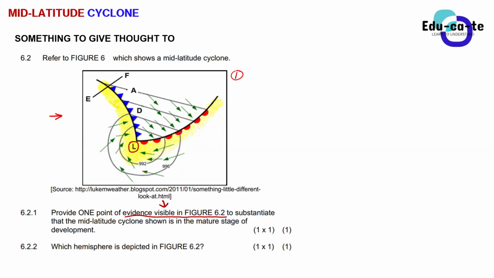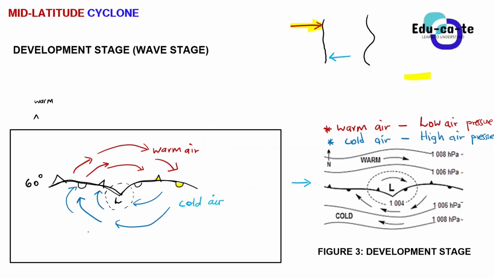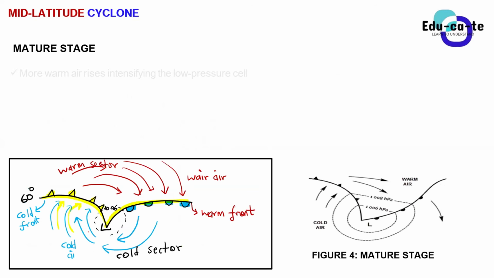In this case, they say to substantiate that the mid-latitude cyclone shown is in the mature stage of its development. There are many points, guys, I think up to five points that we said about the mature stage. Good, you remember some of those things: there is more warm air rising, intensifying the low pressure.